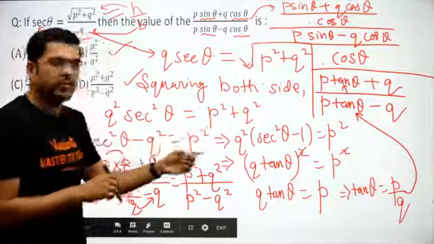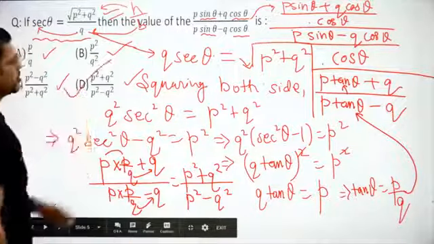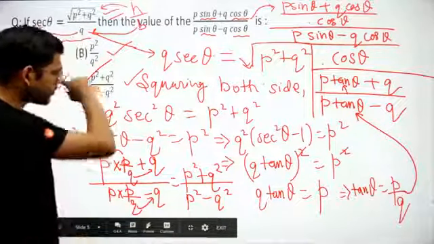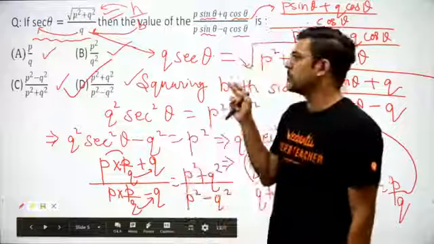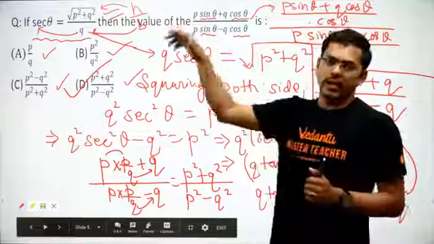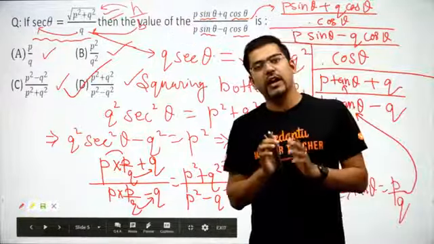So here we will have the value of p square plus q square divided by p square minus q square. Now, you would have understood how to do this problem, and many of those who were not able to solve it earlier are now able to solve it.